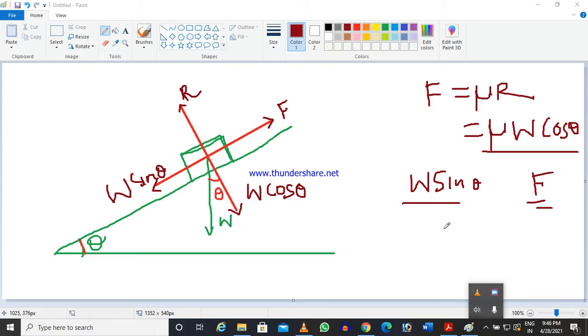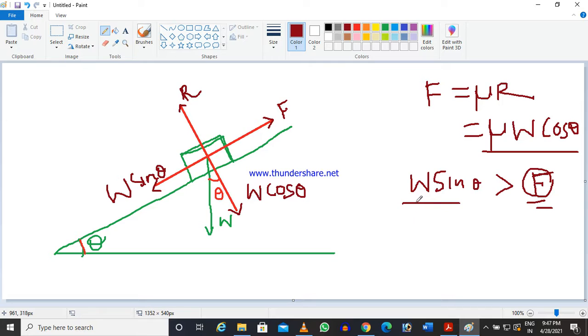Now once the value of w sin theta is greater than f, the block will start to slide. But the force F will always be acting on the block, in the direction just opposite to w sin theta.